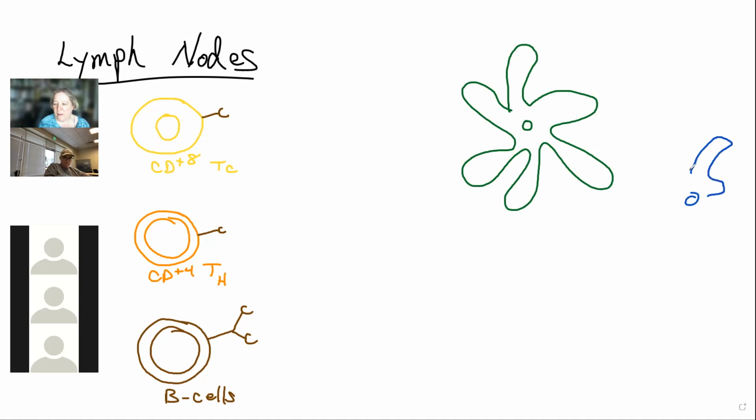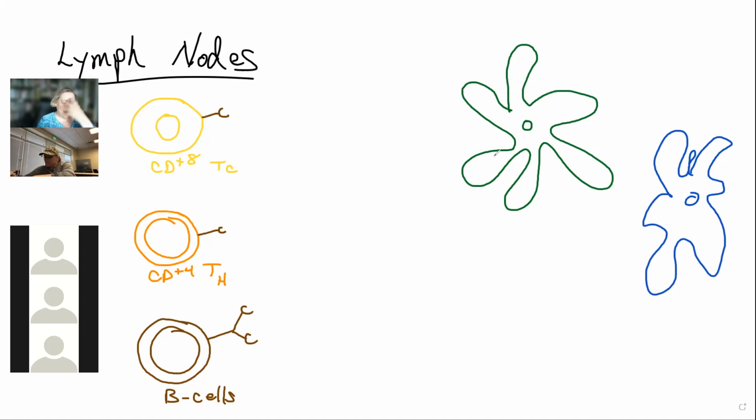Now this one has engulfed a virally infected cell. Let's say that this is a dendritic cell that is hanging out in the sinuses, and it has swallowed down a cell that has been infected with COVID.